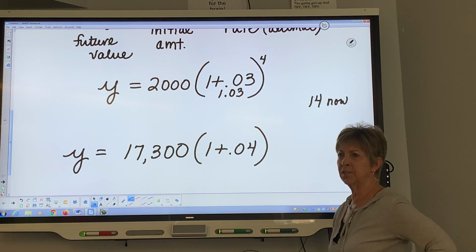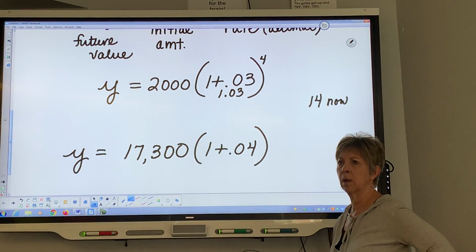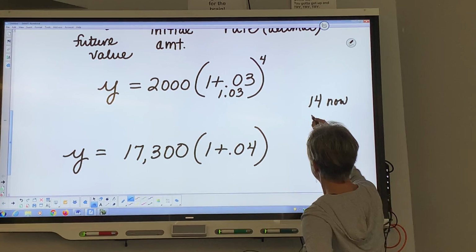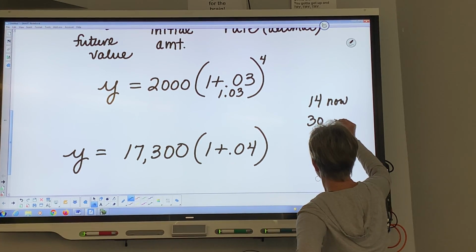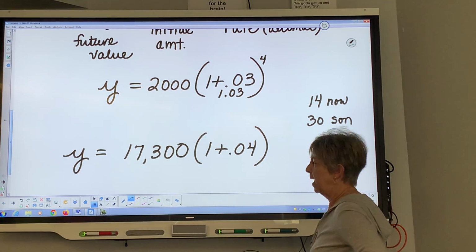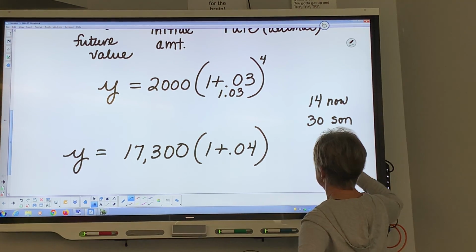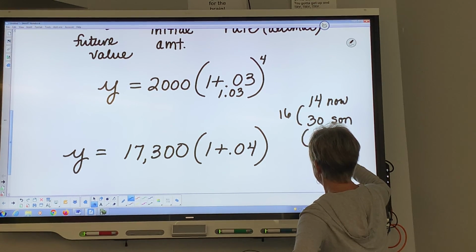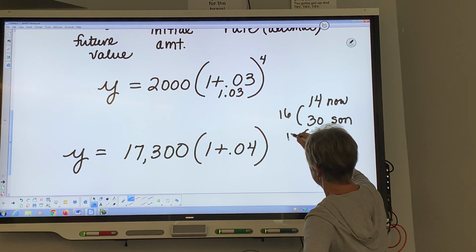And let's suppose you are going to get married, have your first child when you're 30 years old. Okay? So your son is born when you're 30. And then he's got to be, so that's 16 years. And then he's going to be 14 when he's a freshman.